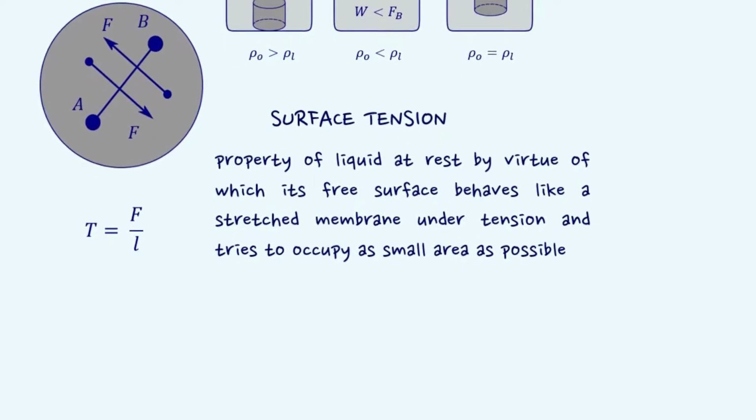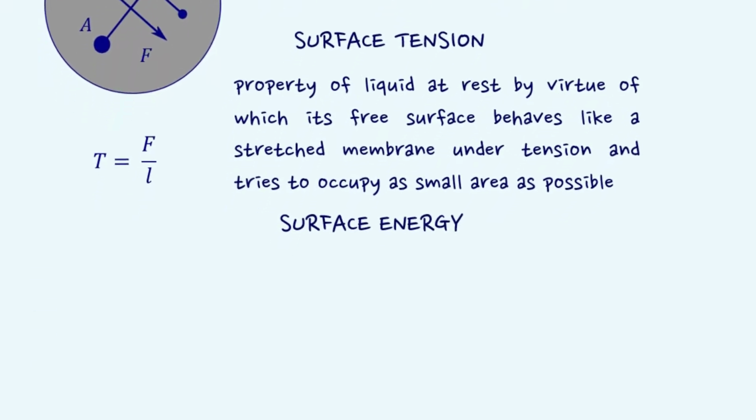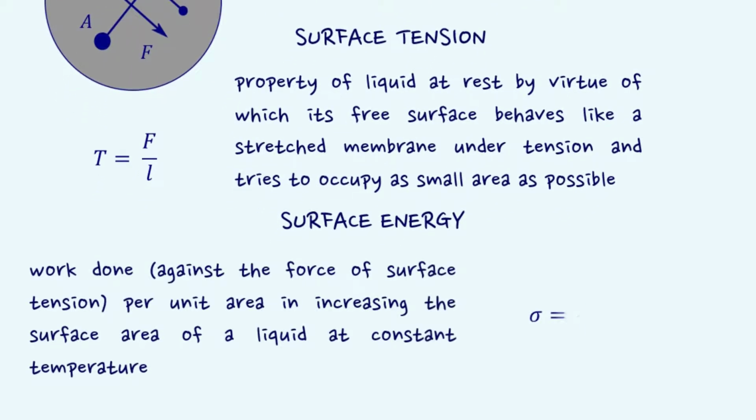The work done against the force of the surface tension per unit area in increasing the surface area of the liquid at constant temperature is called surface energy of the liquid, that is sigma equal to W by delta A. Now surface tension can also be defined in terms of surface energy.